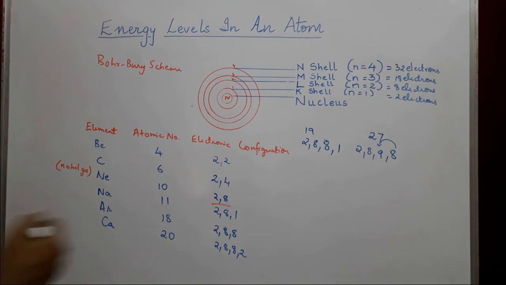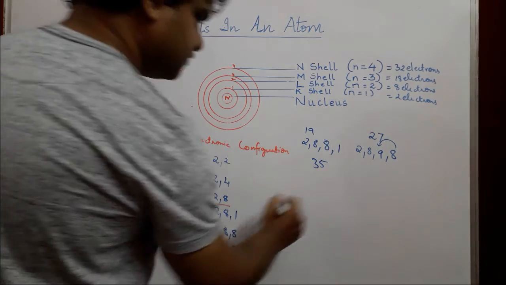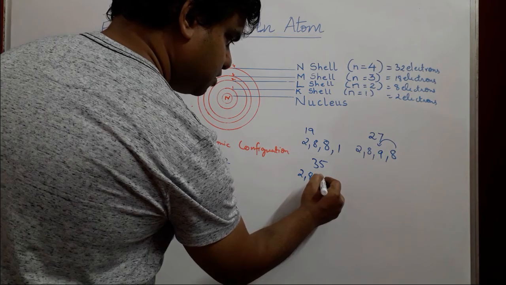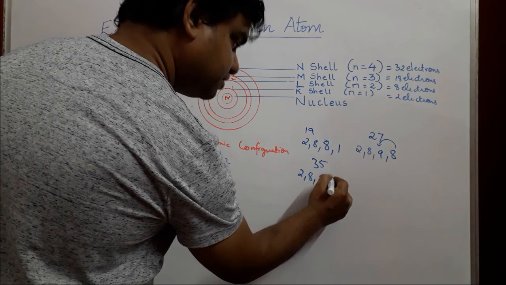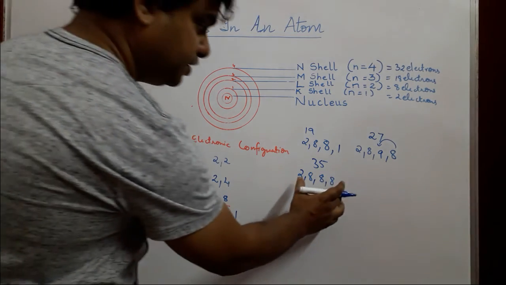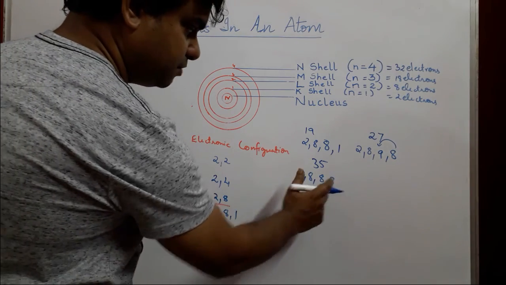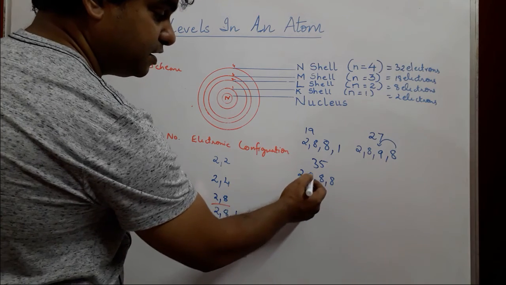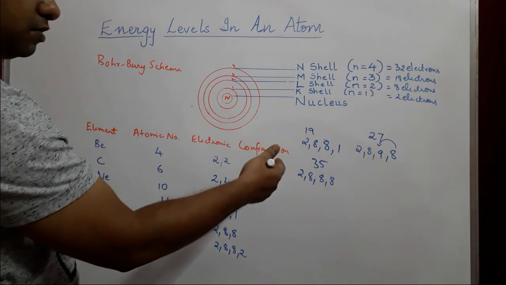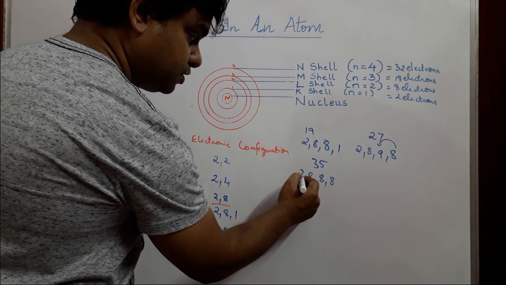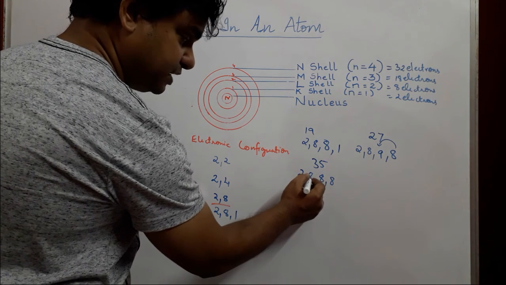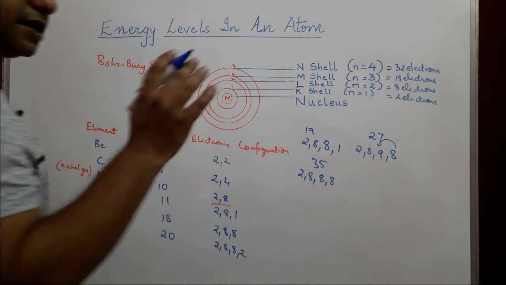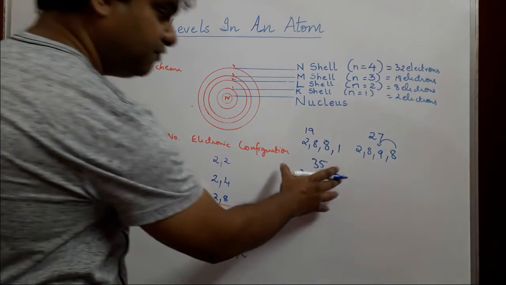For example, let's take atomic number 35. In this case it will be 2, 8, 8, and then 8. Now we need to stop it over here and see how much this comes to, because this is a stable configuration, 8, 8, 8 in each shell. 2 plus 8 is 10, 10 plus 8 is 18, 18 plus 8 is 26, which means there are 9 more electrons that need to be filled up.